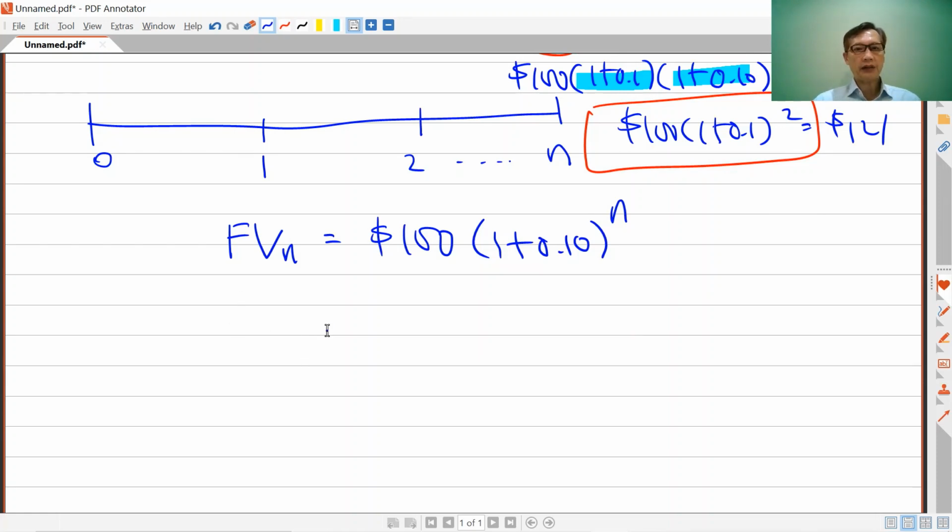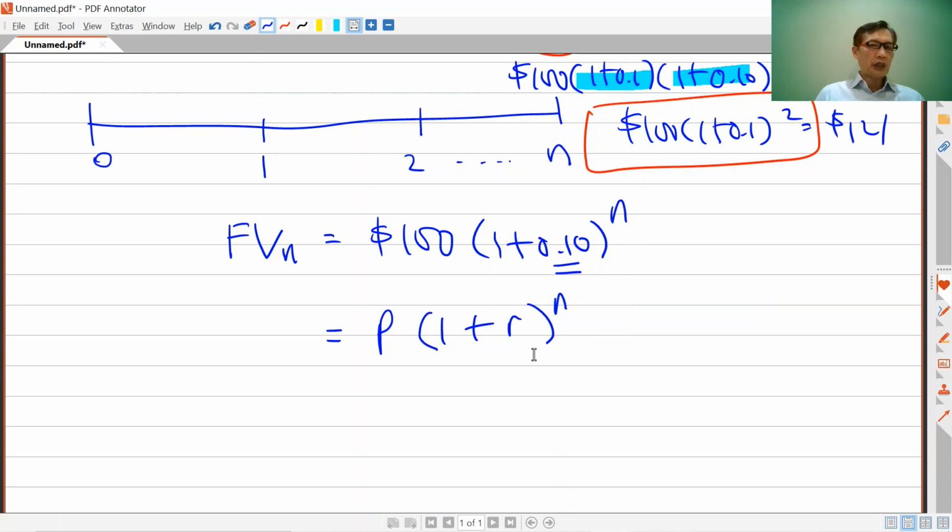So the future value in year n should be, in place of 100 here, the starting amount, which we call the principal. Let's put a P as the principal. And then this rate here, we're going to use the symbol R as the interest rate per year, and then to the power of n. So this is a general formula for calculating the future value in year n.